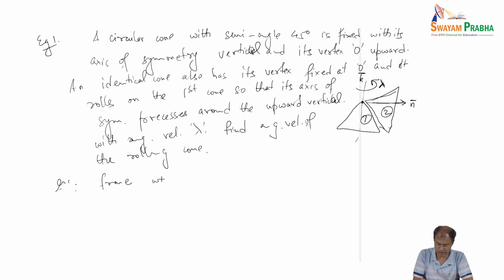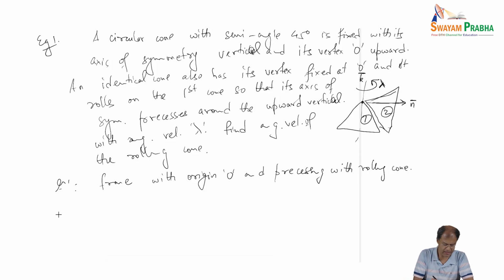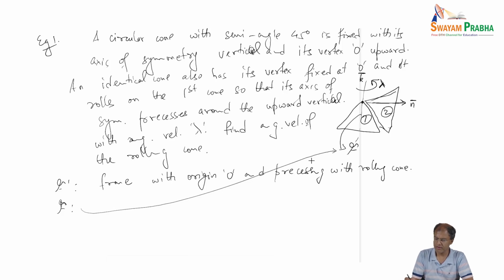So a frame with origin O and precessing with the rolling cone, right? And then f is our fixed frame, with the vertical axis k as our fixed frame f, right? So this is the f, right?